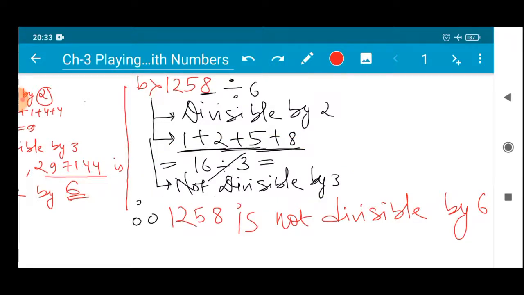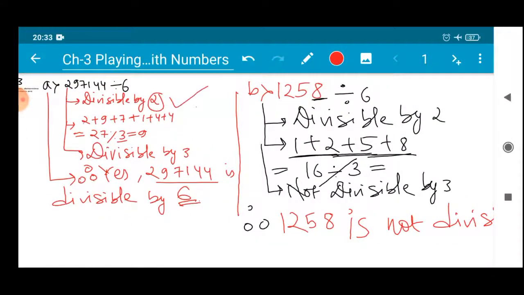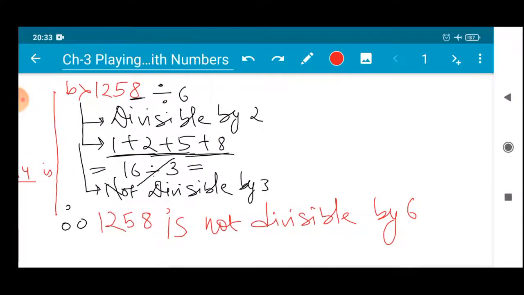In question number 1, you saw that if it is divisible by 2 as well as 3, then the number is divisible by 6. But here only 2 is able to divide, 3 is not able to divide, so that's why this number is not divisible by 6. In order to say whether it is divisible or not, both 2 and 3 should divide the number.